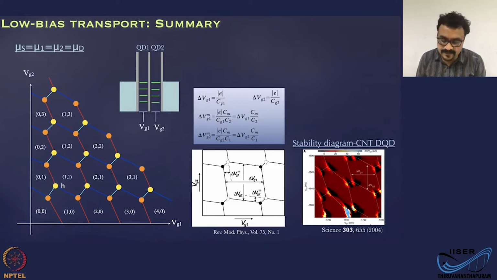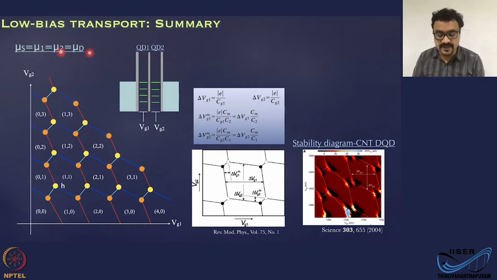Let us quickly review what we had in the previous lecture. We are interested in the transport where mu s and mu d are the source and drain chemical potentials, and mu1 and mu2 are the electrochemical potentials of dot 1 and dot 2.